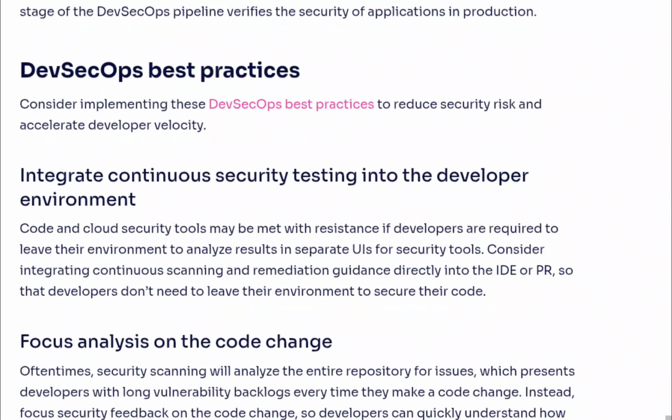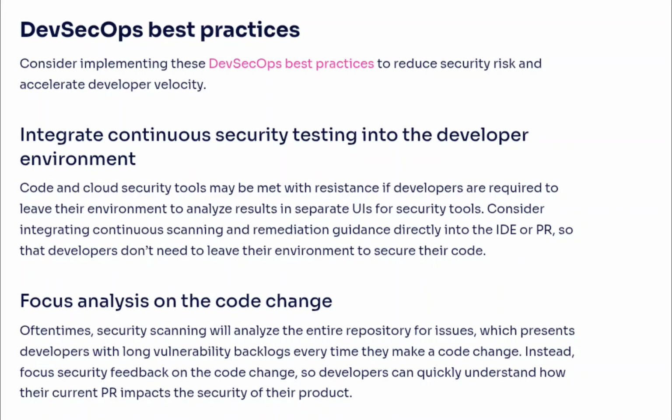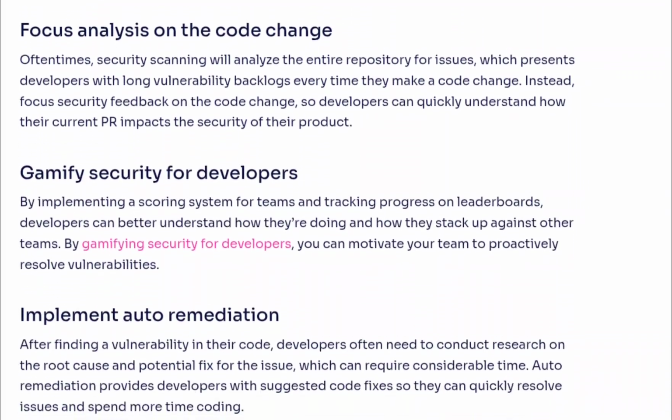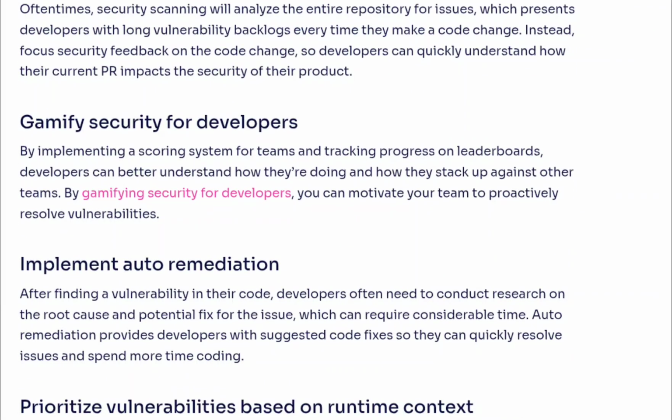That is one of the best security practices, and integrating in the IDE is also one of the best security practices. Focus analysis on the code change. That is one of the best practices. And security for developers also covers the first and second pointers.